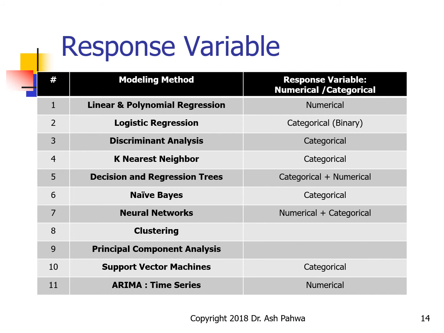Now, if your response variable is categorical, then you can use logistic regression, but logistic regression is only used for a binary categorical variable. It means my categorical variable has only two states, either 0 and 1, or the team is going to win or not going to win. But if you have more than two levels of your categorical variable, then logistic regression cannot be used. For that, we can use discriminant analysis, k-nearest neighbor, decision and regression trees, and also naive Bayes.